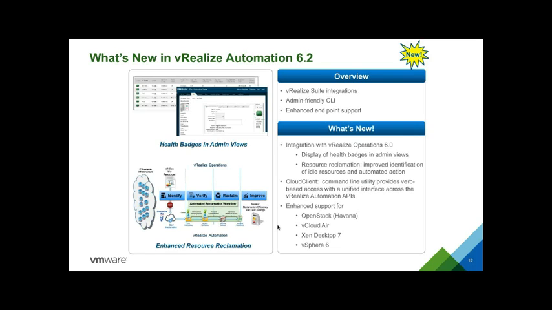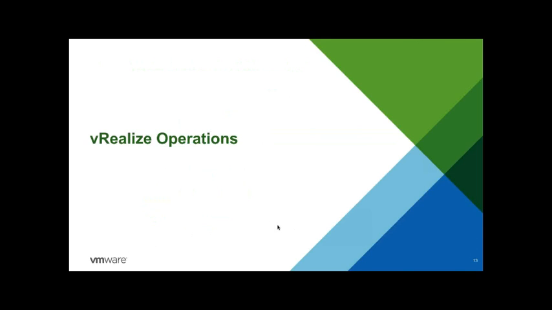But again, if you want to be able to manage the modern data center, you need to be able to manage everything in there. So we're building that in too, and of course integration with VMware's own cloud offering, vCloud Air as well. So having that ability to touch all of those different things is key, and we're going to keep on enhancing that over time.